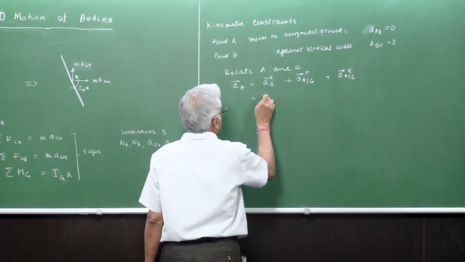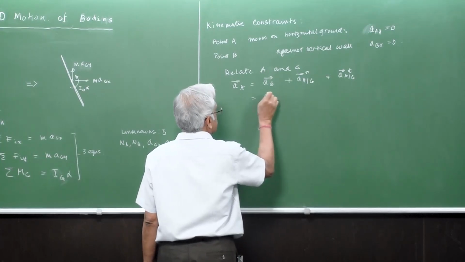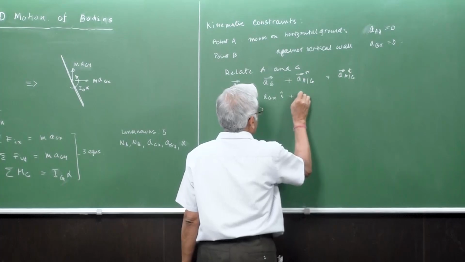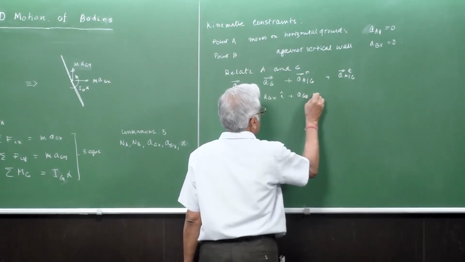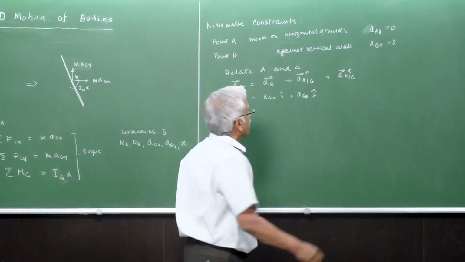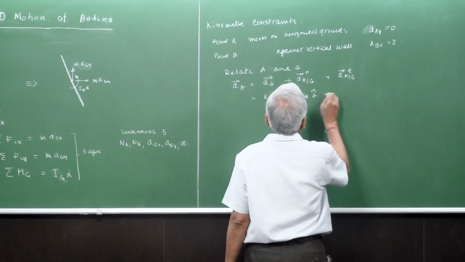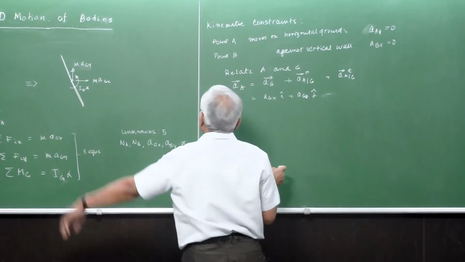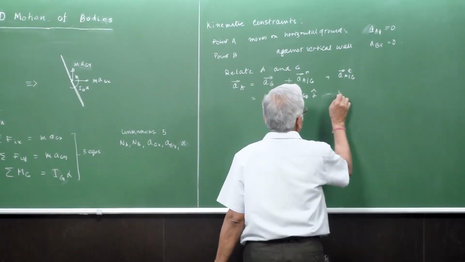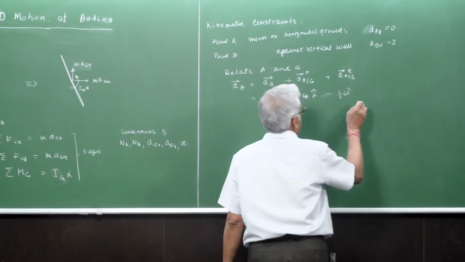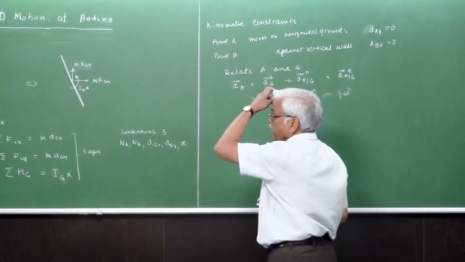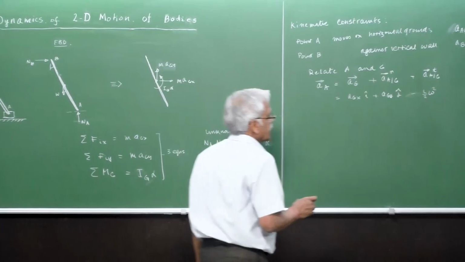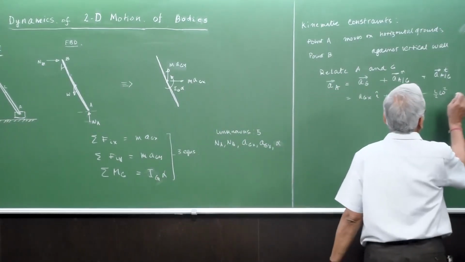Okay, so AG is AGX, let us say I can write I, J, and A with G, A and G are at a distance of L by 2, omega square, and it's directed along B to A, right? Directed along B to A.